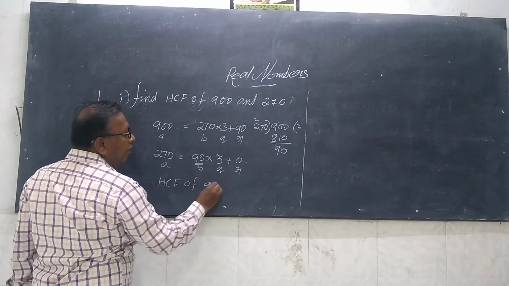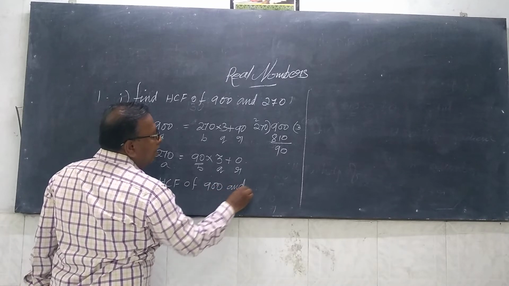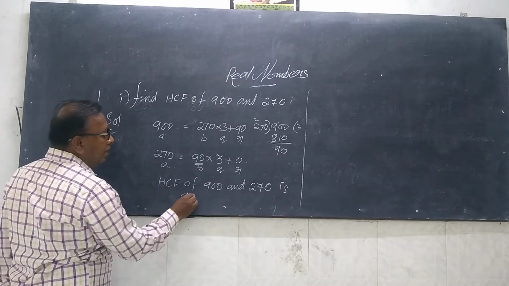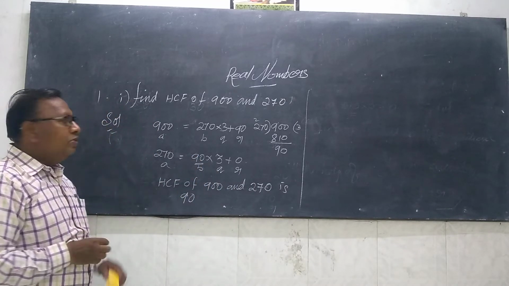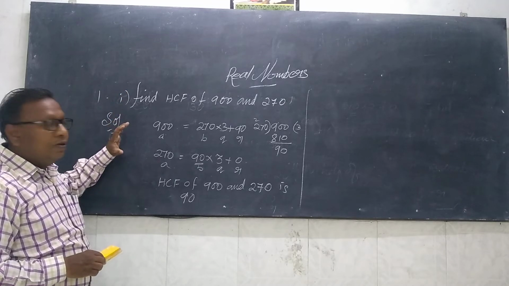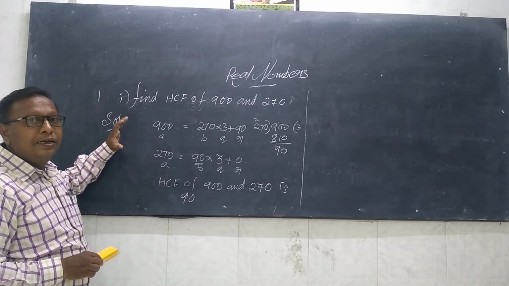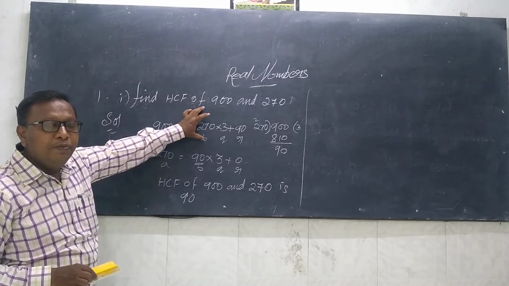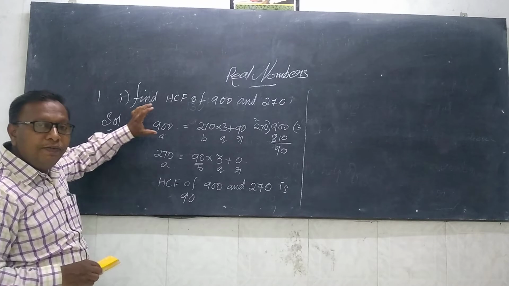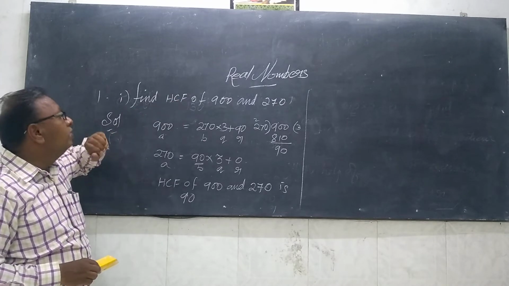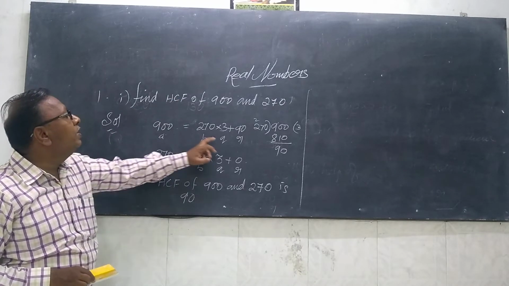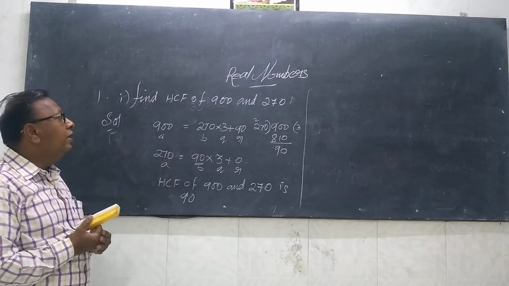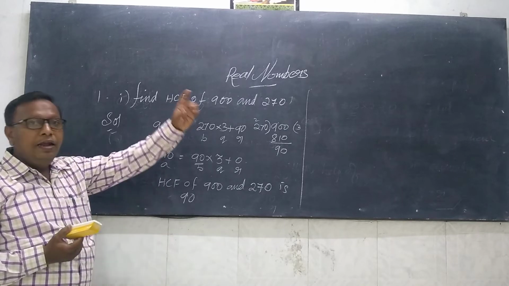The HCF of 900 and 270 is 90. This is obtained from Euclid's division algorithm, based on A is equal to BQ plus R. That's how we have found the HCF of 900 and 270.